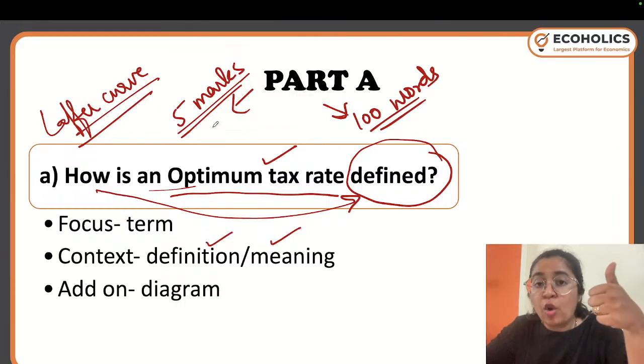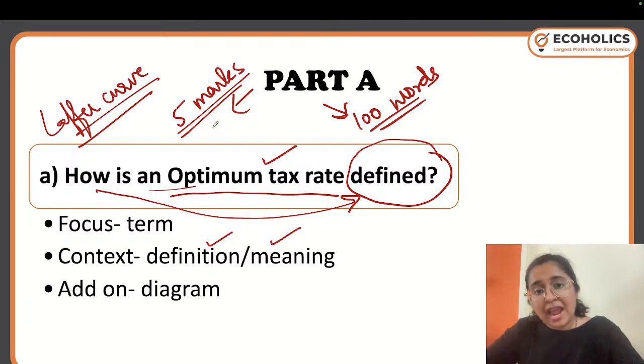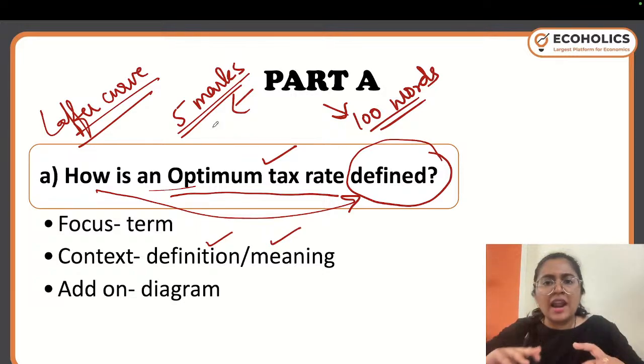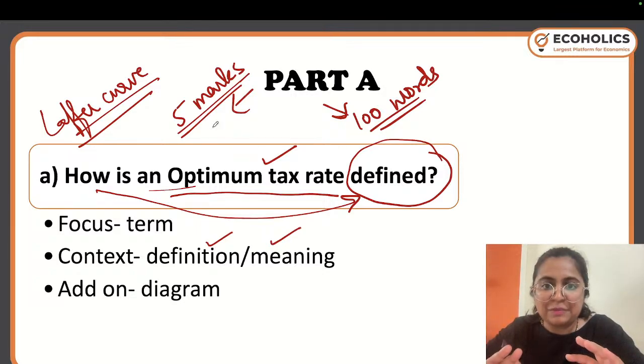It obeys the law of equity as a canon of taxation, and it also obeys the law of revenue, which means that tax should have an equal weightage to gain revenue from people. It should not over exploit, and it should not under provide.